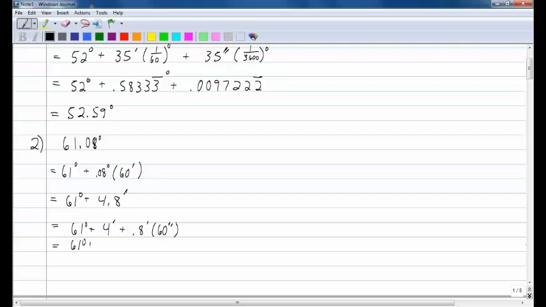So 61 degrees plus 4 minutes plus 48 seconds. If this had been a decimal, you would just round to the nearest whole number second. There's no decimal there. So now that we're done, you can drop all the plus signs. It's 61 degrees, 4 minutes, 48 seconds.